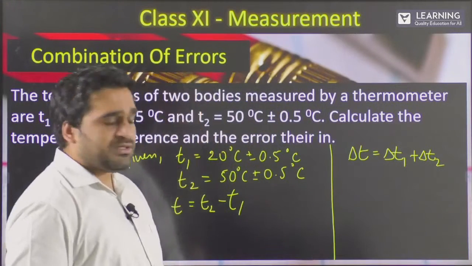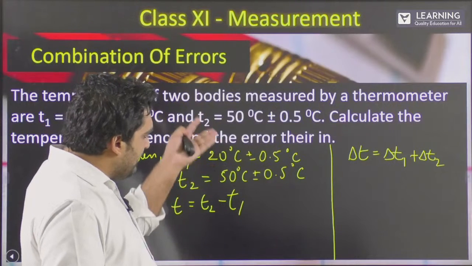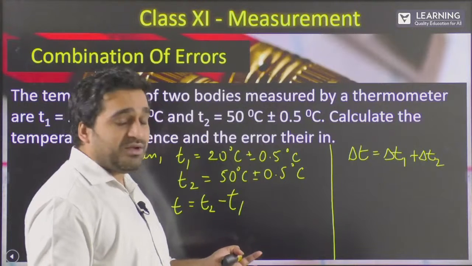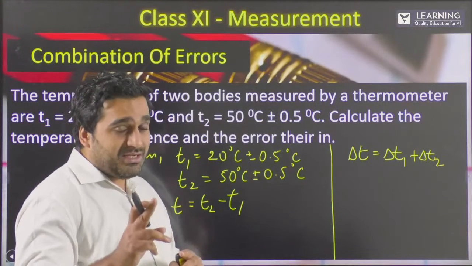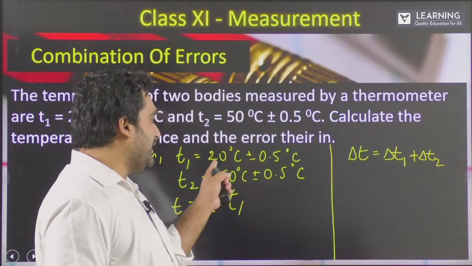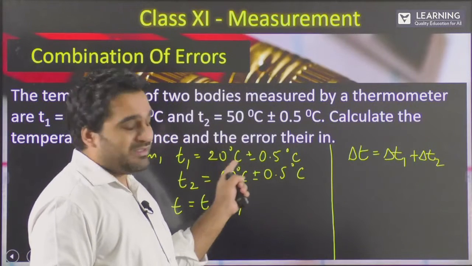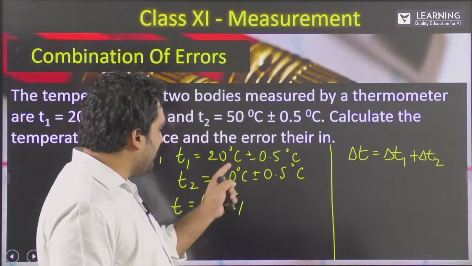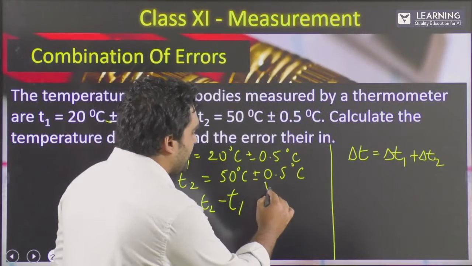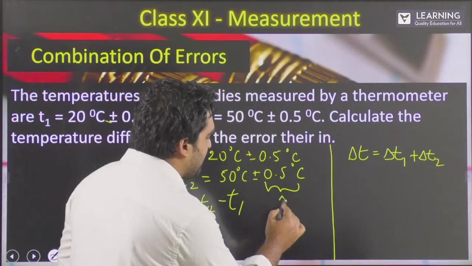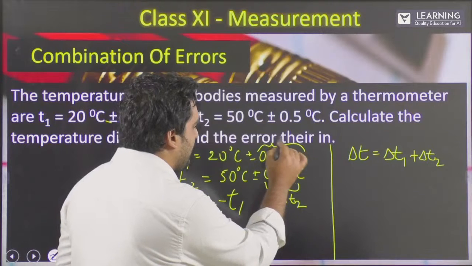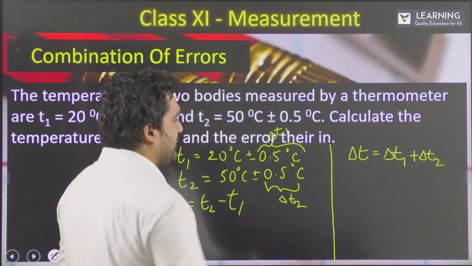You may ask the question, where is delta T1 in this particular statement? There is nowhere that I've mentioned delta T1. Well, it's understood that absolute error is always followed by a given value, which is nothing but the magnitude of temperature in this particular case. So this is basically your delta T2, and this is what you have as delta T1.